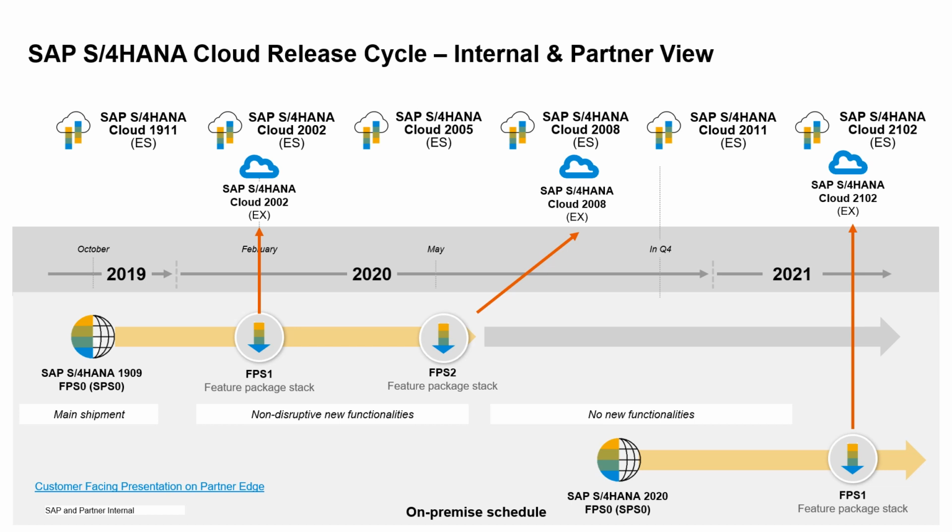Here we see the current release for SAP S4HANA Cloud, both Essentials and Extended Edition. We have Feature Pack 1 and Feature Pack 2. For Extended Edition, you can see here in February and then later on in the spring for both Essentials and Extended. And then in 2021, we have SAP S4HANA Cloud Extended 2102.